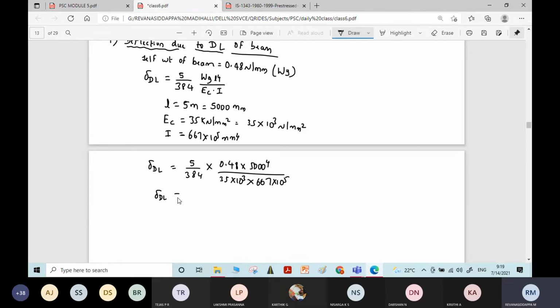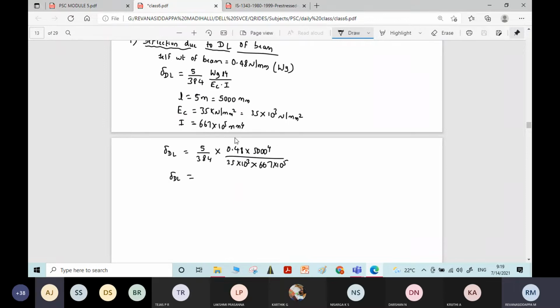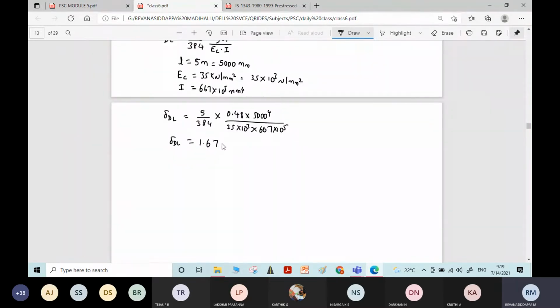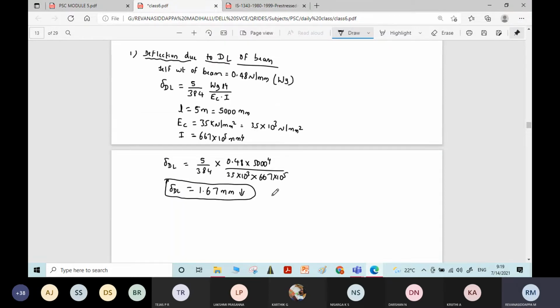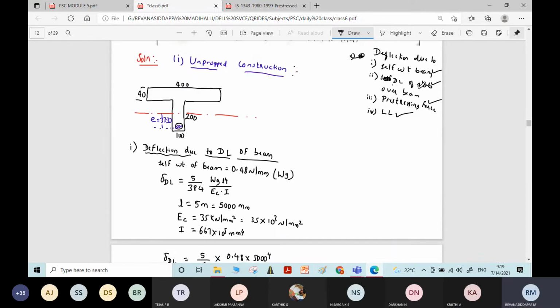Tell me the answer. 1.67 mm. It will be in the downward direction only, because the dead load acts along the direction of gravity. Deflection due to dead load of the beam we have determined.